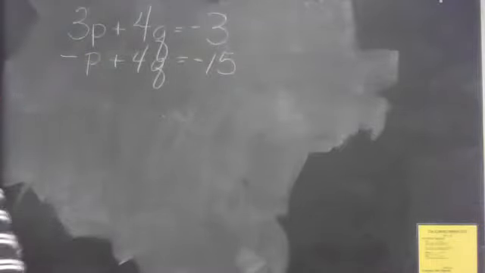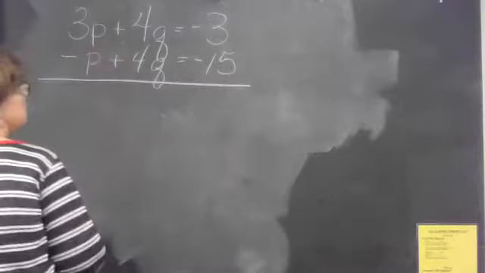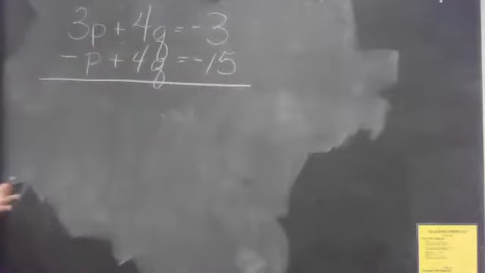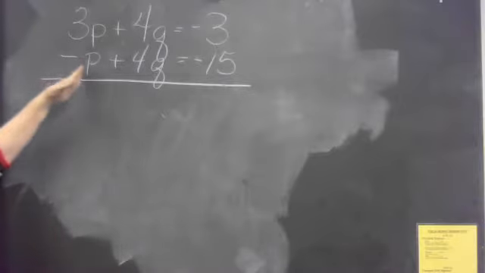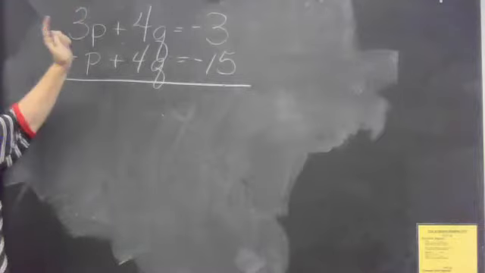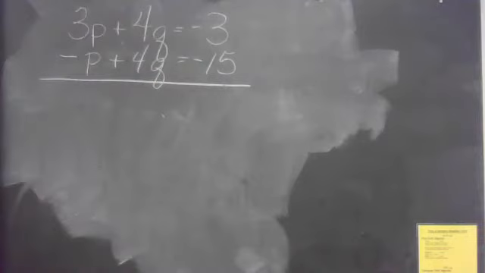Okay, this is a system and I want to solve it by the addition or elimination method. The first step that I told you we have to have is the things stacked on top of each other. So the P's are okay, the Q's are okay, and the constants are okay. Everybody's where they belong. Now I'm going to decide what variable I want to get rid of.